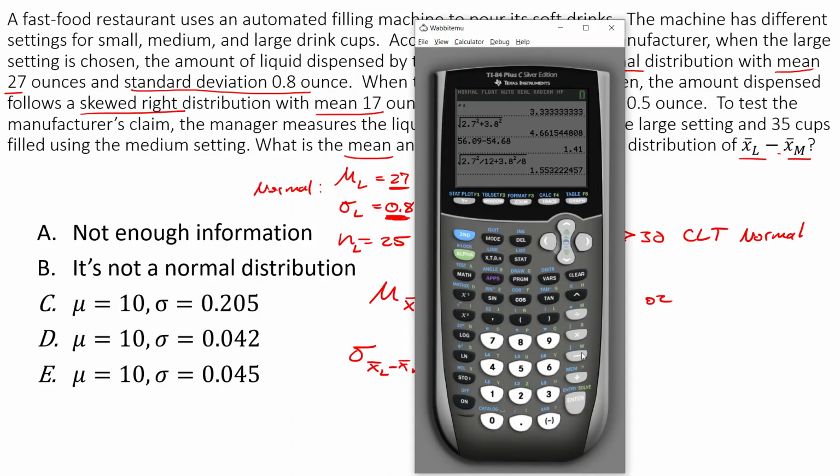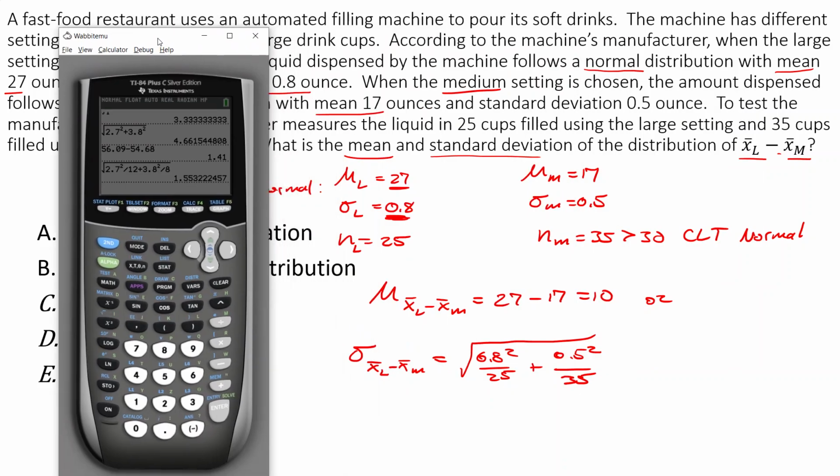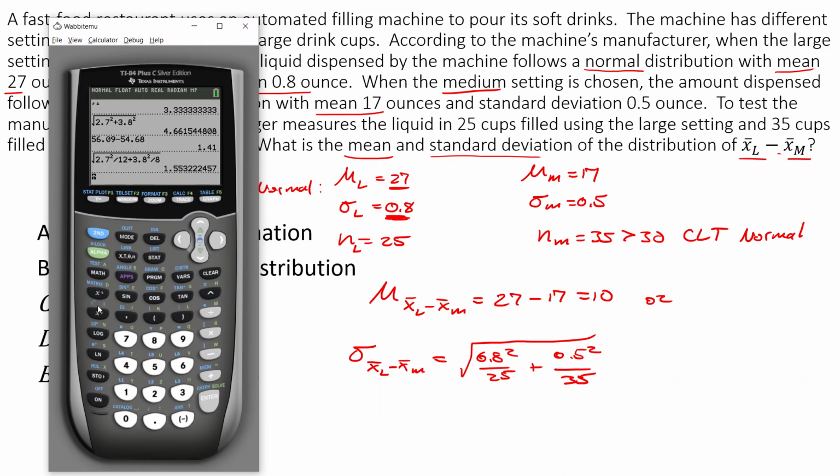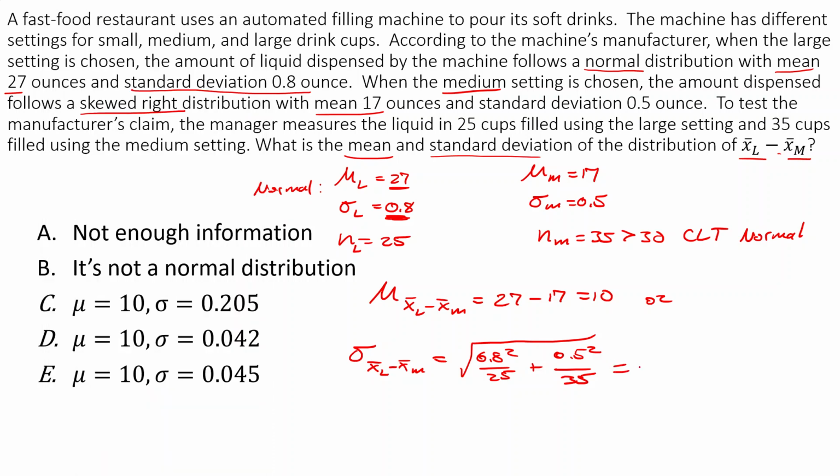And we're just throwing that into the calculator. Move my calculator out of the way again. Second square root, 0.8 squared divided by 25 plus 0.5 squared divided by 35, and enter. 0.18.